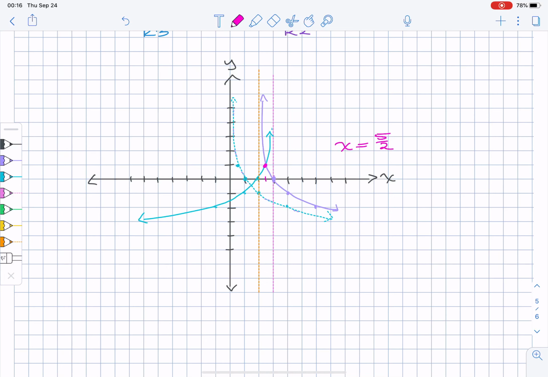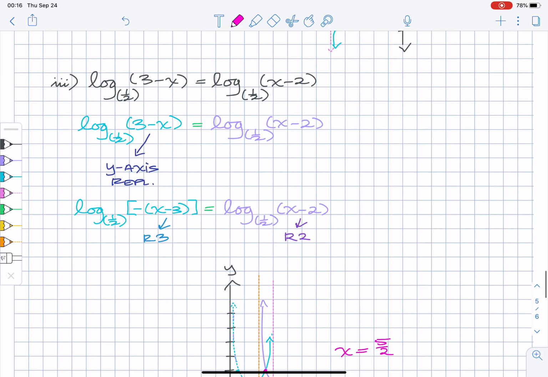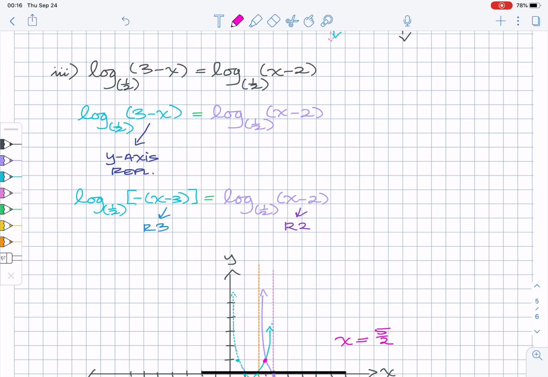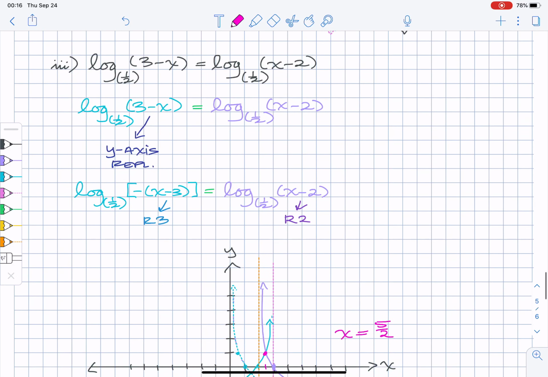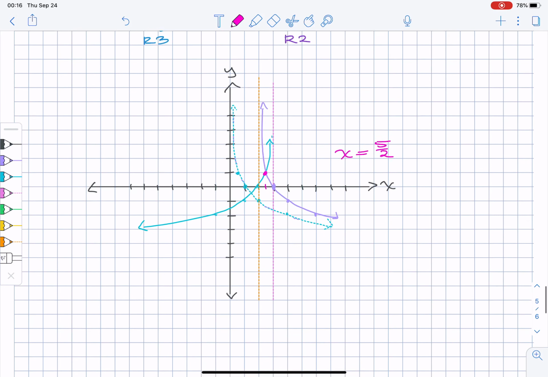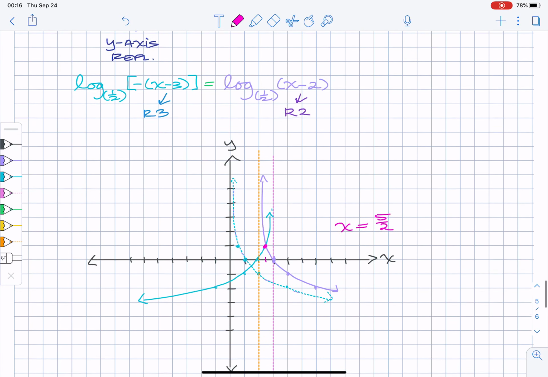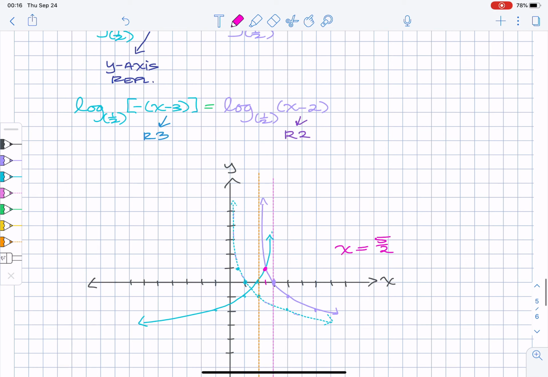Just eyeballing it, but let's see if that's true. 3 minus 5 halves is 1/2, and log base 1/2 of 1/2 is 1. Now 5 halves minus 4 halves is 1/2. Yeah, that's true. That is the answer. Hopefully this made sense to you, and I will see you in the next section.